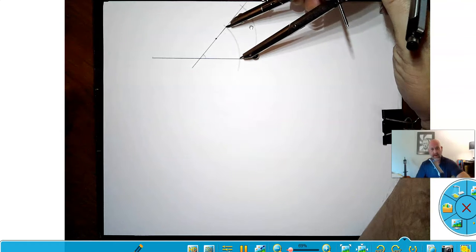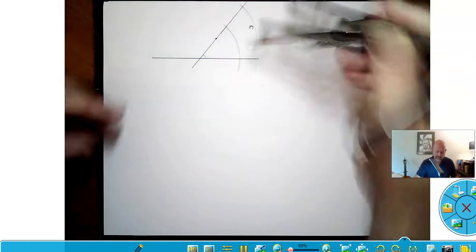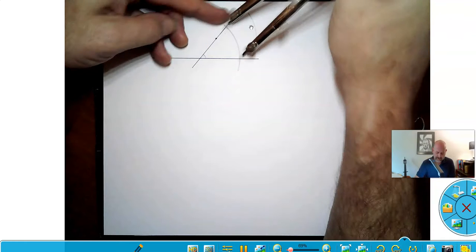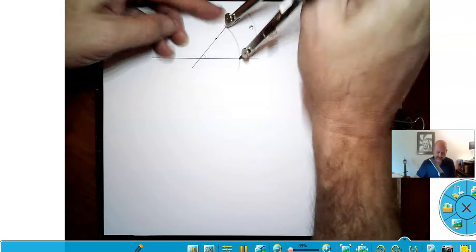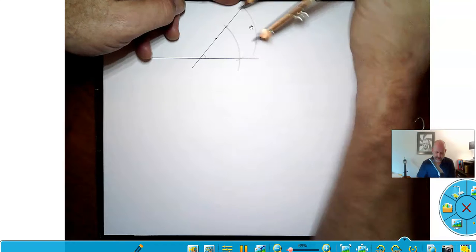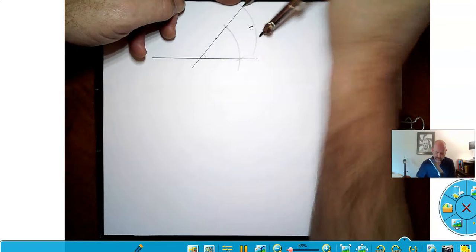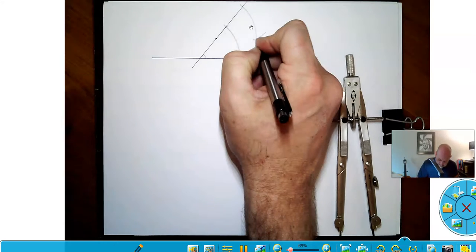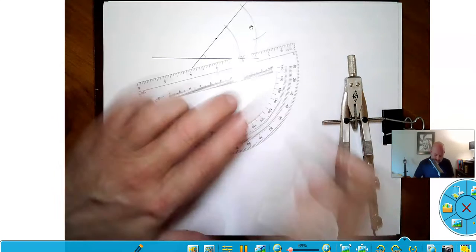Okay, so I'm measuring that, and I'm going to mark it from this end. Maybe you want to think about it as measuring it from this side. So you can see where that marks. Now we just need to mark the same thing here.